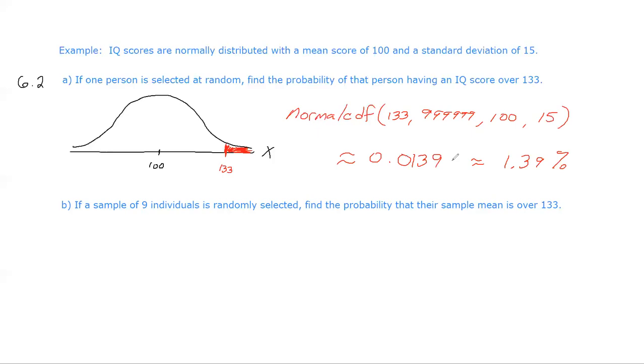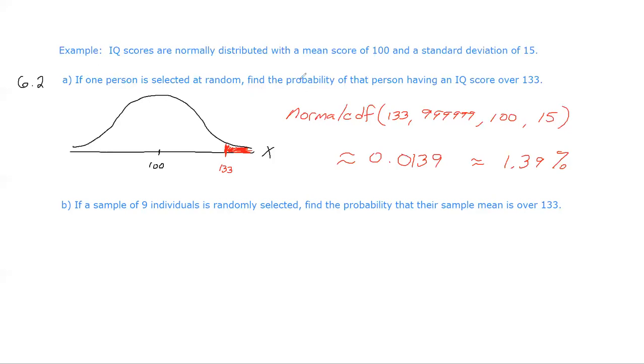So part A should look familiar to you. We were doing it in 6.2. This is the lecture that we were doing on the last day before the break that we had. Now, look at the difference between the wording of Part A and Part B. In Part A, one person was being selected.